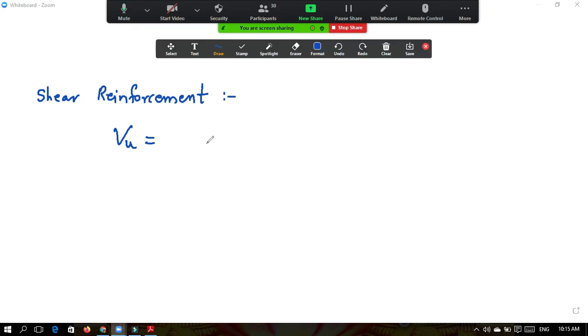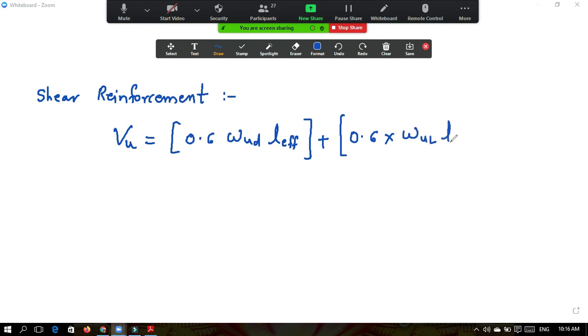So Vu is equal to 0.6 into WuD, for dead load, into L effective, plus 0.6 into WuL, live load, into L effective.